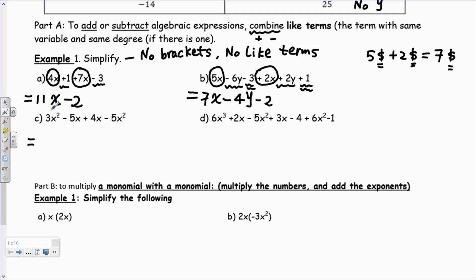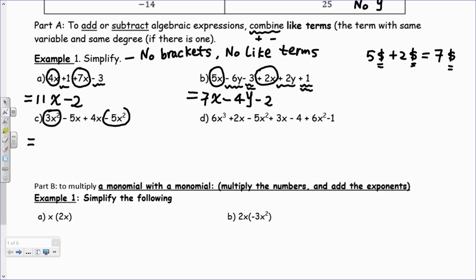Now I will continue. 3x squared. So you have x and also degree 2. So this one is x degree 1, not like terms. The x degree 1, not like terms. X degree 2, yes, they are like terms.